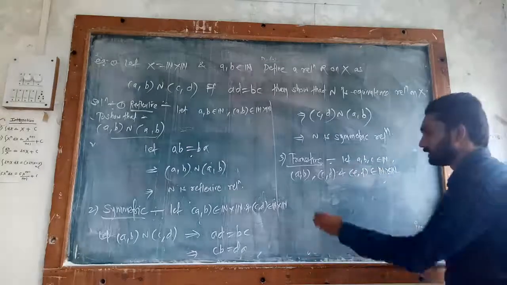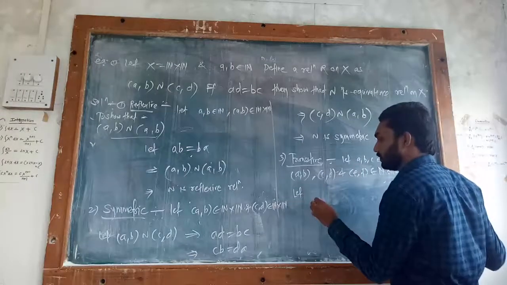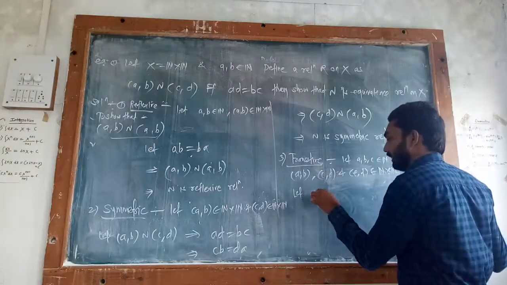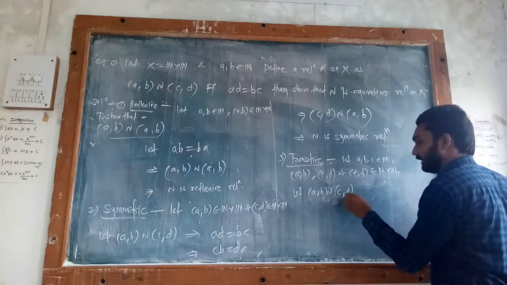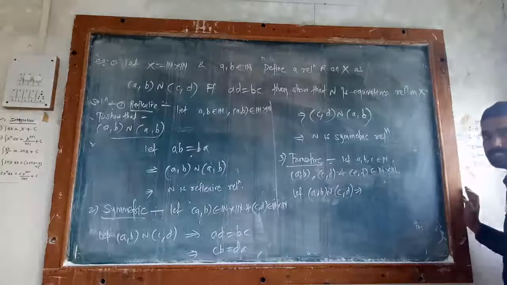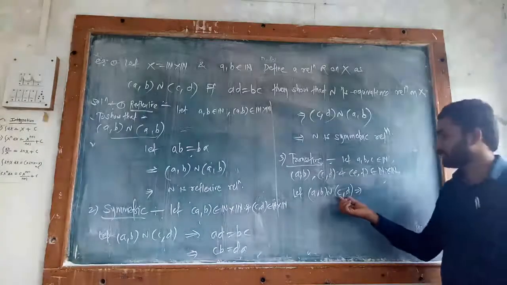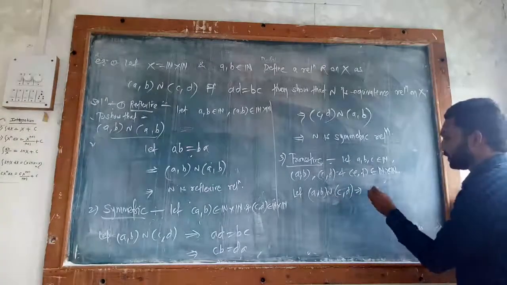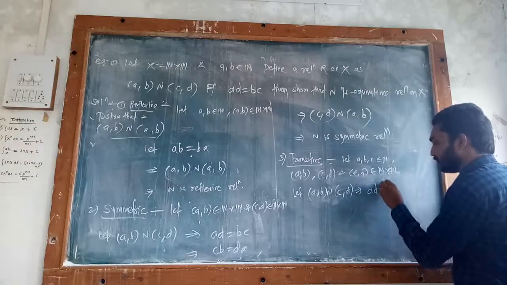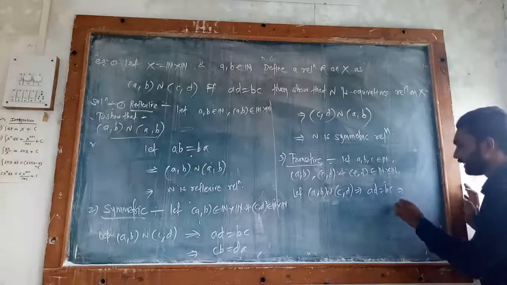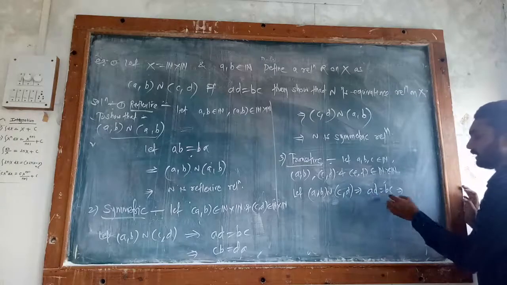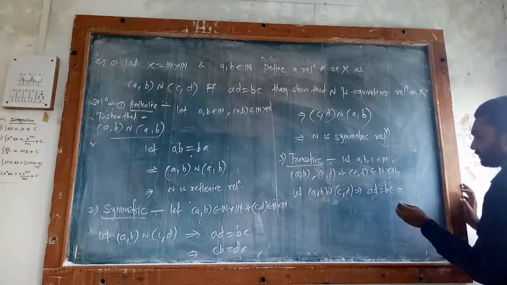For transitive relation, we have to assume (A, B) is equivalent to (C, D). By using the equivalence, what do we get? That is AD equal to BC. What is AD equal to BC?